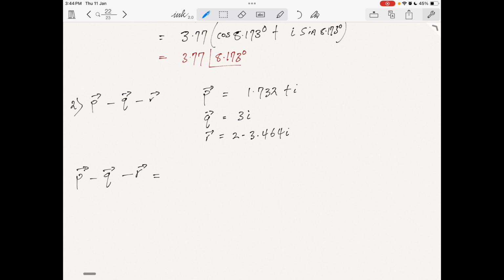So we substitute our P, Q, and R. We have 1.732 plus i minus 3i minus, in brackets, 2 minus 3.464i.